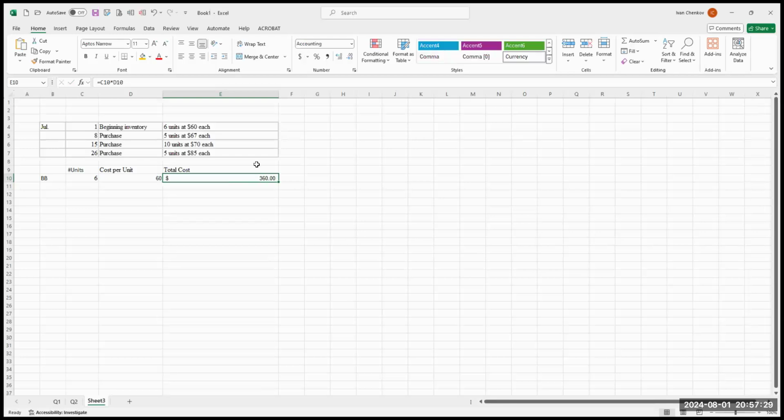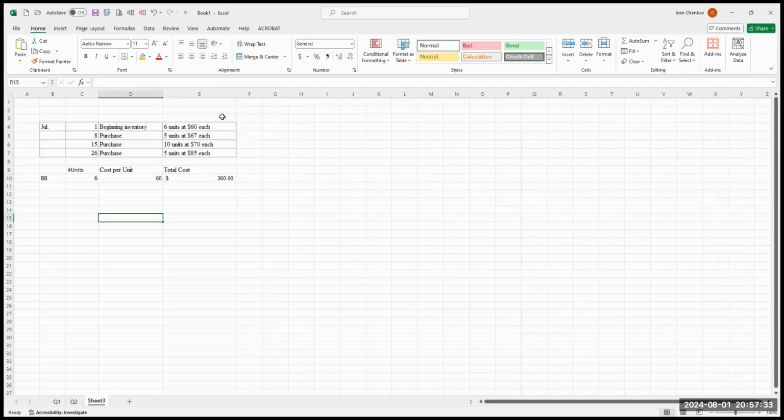That's my total cost for my beginning balance. Let's make it nice and easy for you to follow it.